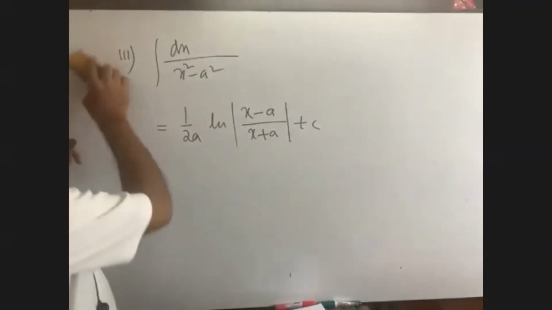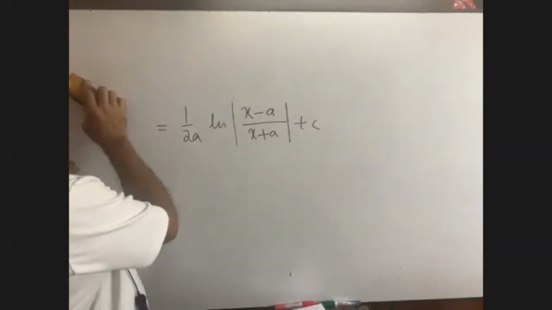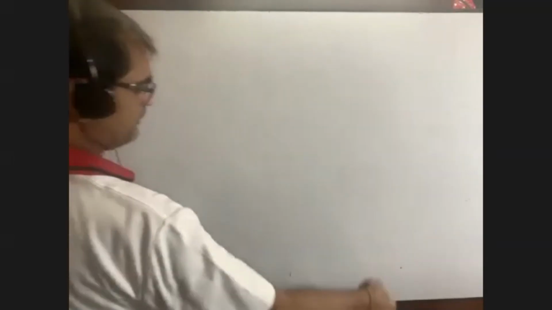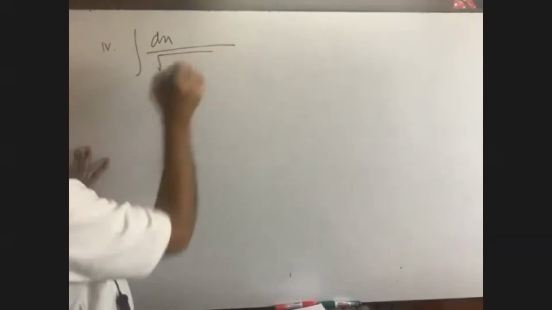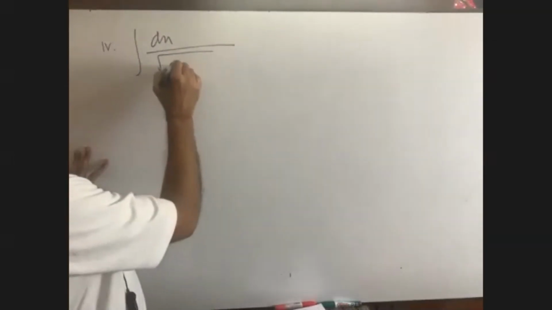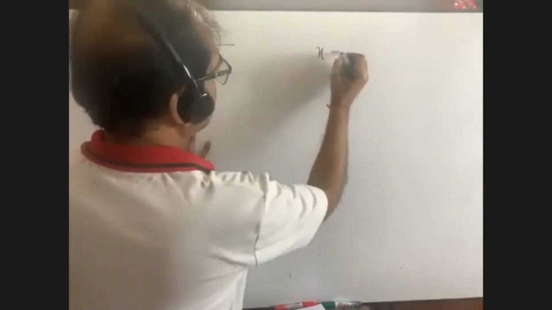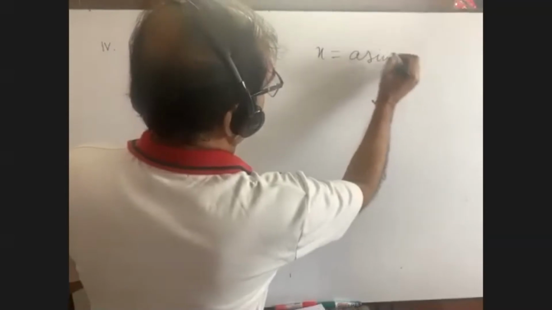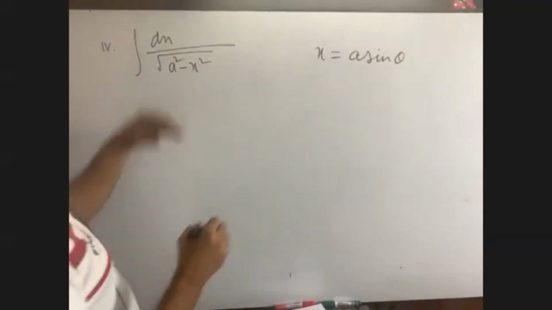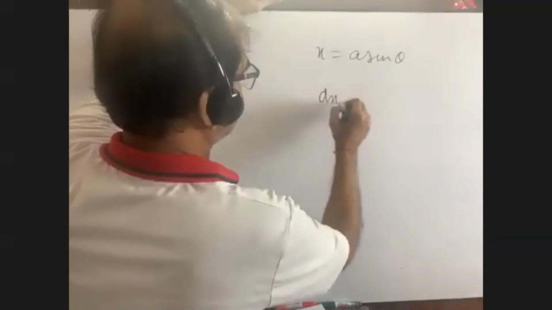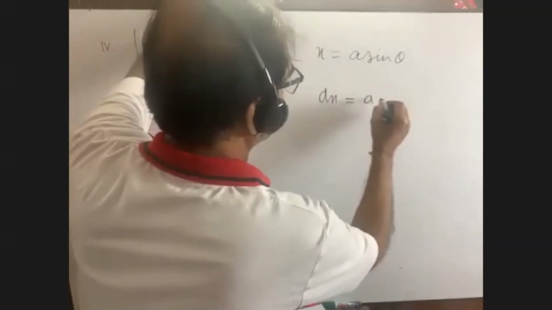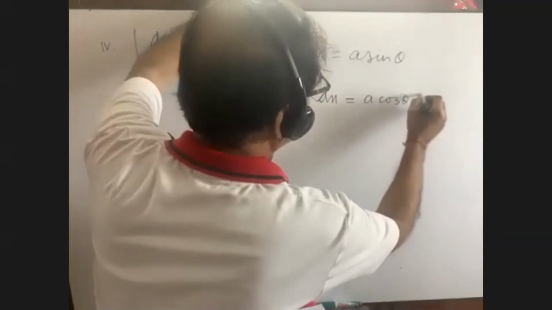Now you see another math. I think you have copied it. Another math, number 4. It was 3, it is now number 4: dx by root over a square minus x square. Very good. Let x equal to a sine theta. So we get dx equal to a cos theta d theta, right?